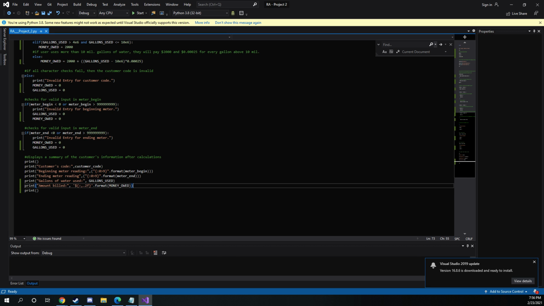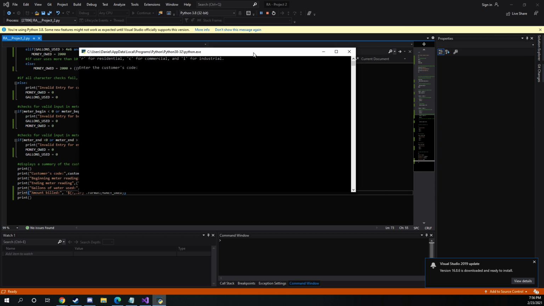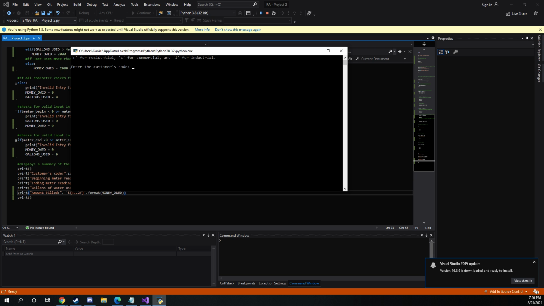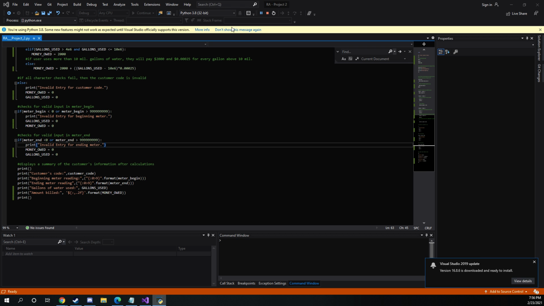So let's check some input here. Let's test 2 correct inputs and 1 invalid input. So let's calculate if their customer code was R, so they're residential, and the amount of water they used in the beginning was 444,000,3, and then by the end they used 444,000,135. Oh my bad, let me put that again.